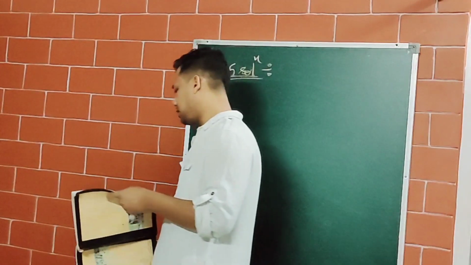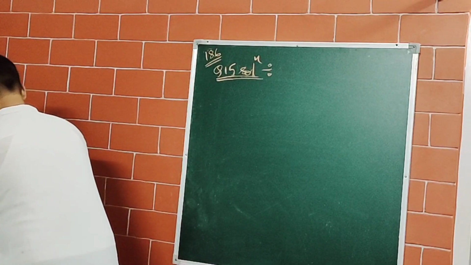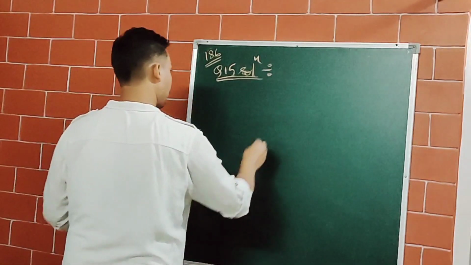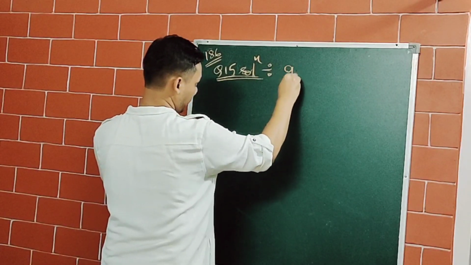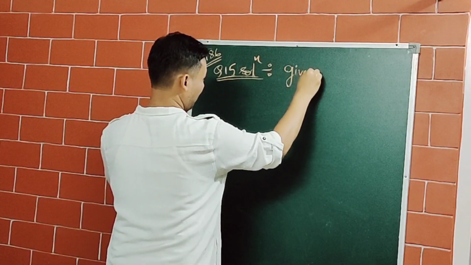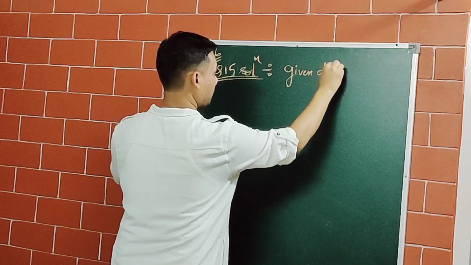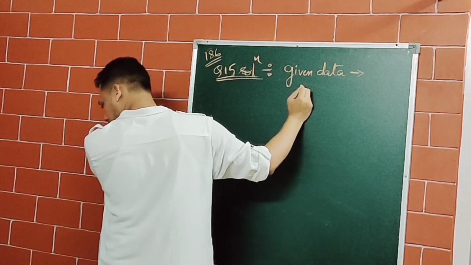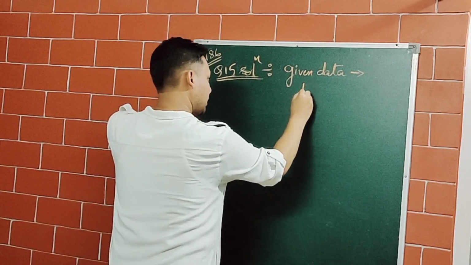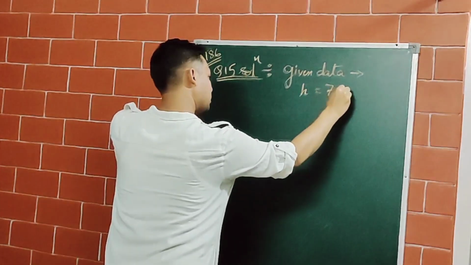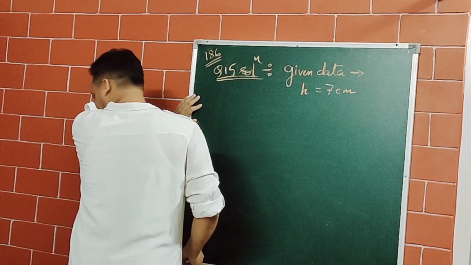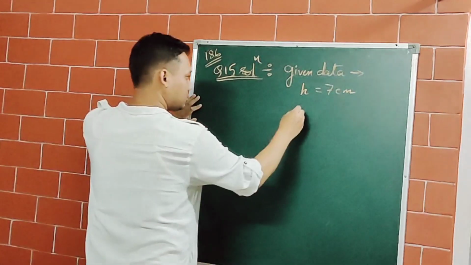Given data. Size of the object h is given as 7 centimeter, is placed at a distance 27 centimeter.